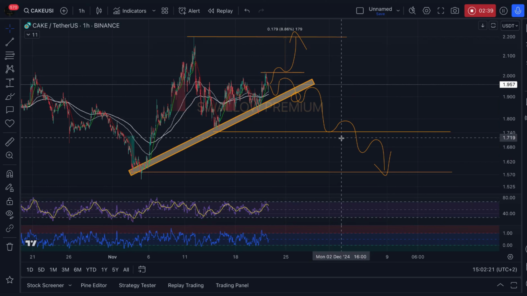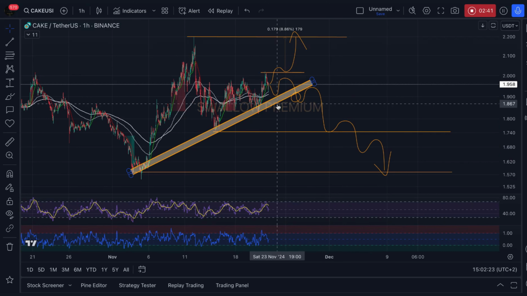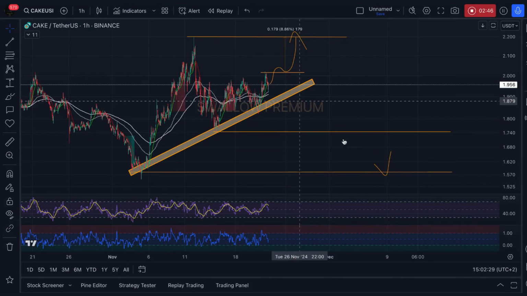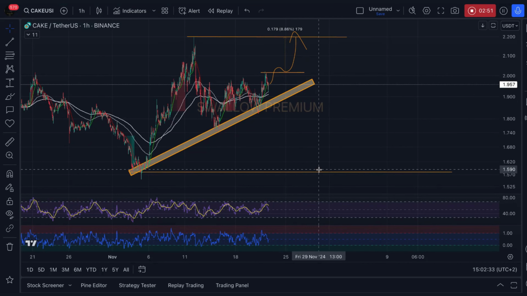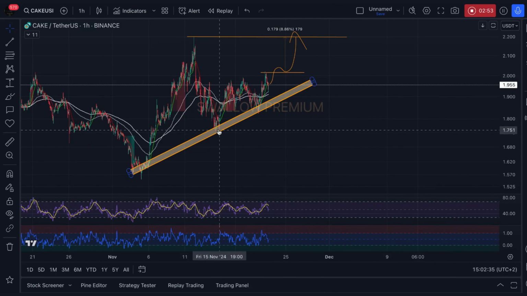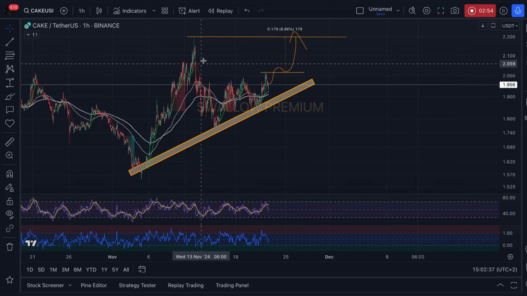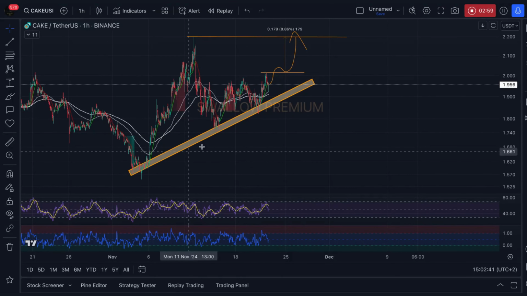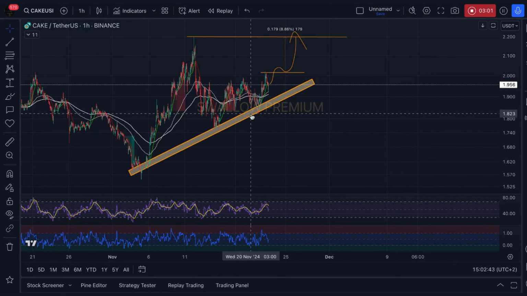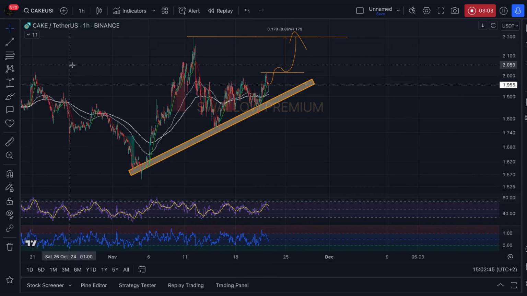So overall, on hourly time frame, there are two possible scenarios we still need to wait out. But as of now, we don't take this downward movement as an option because we haven't yet broken the zone, and we are still trading inside this bullish momentum, retest, bullish momentum, retest. So three retests, and this bullish trend can be valid.